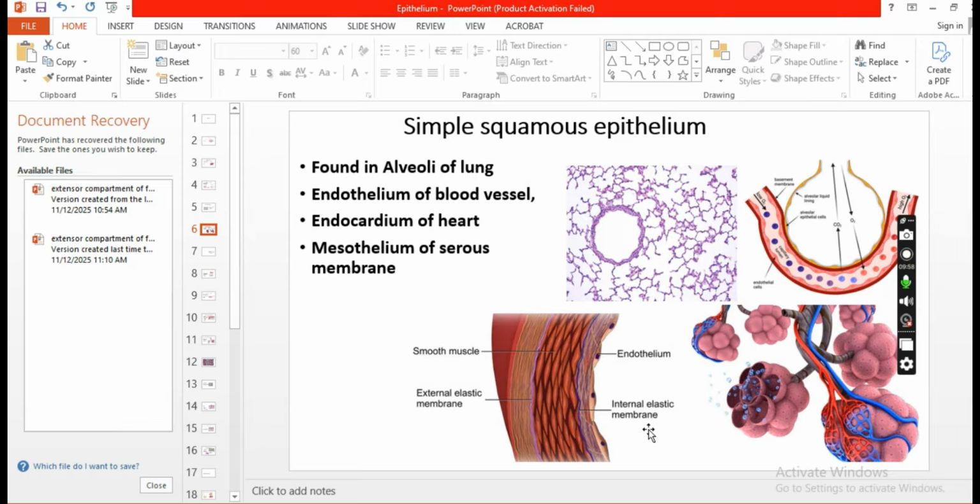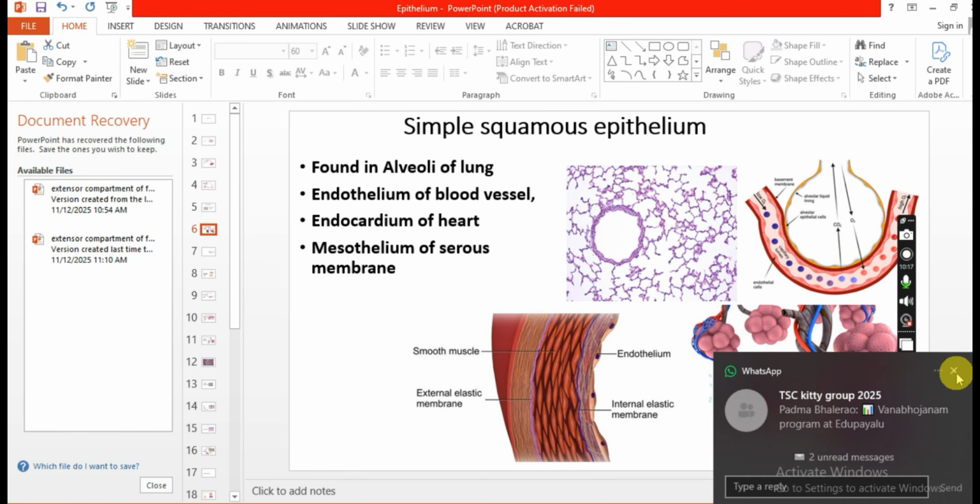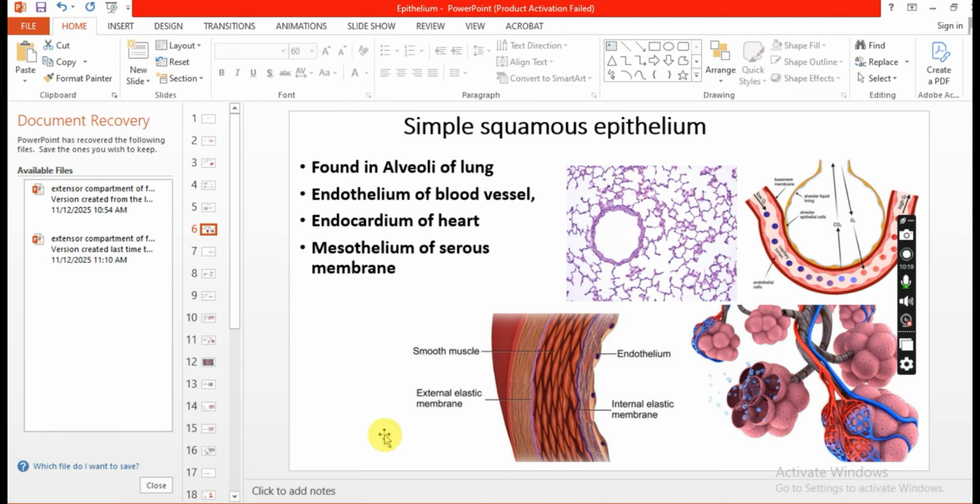If it is lining the peritoneal and the pleural cavity, we call it the mesothelium. According to the position, the name changes. Clear? Since it is thin, the separation between the two areas will be minimum, so it will be helpful in the exchange.